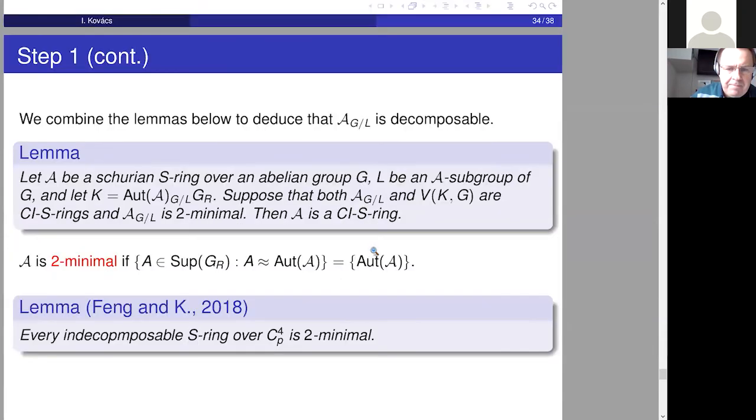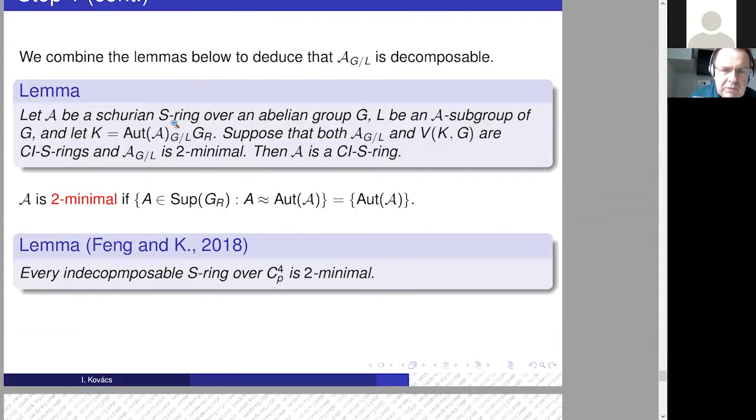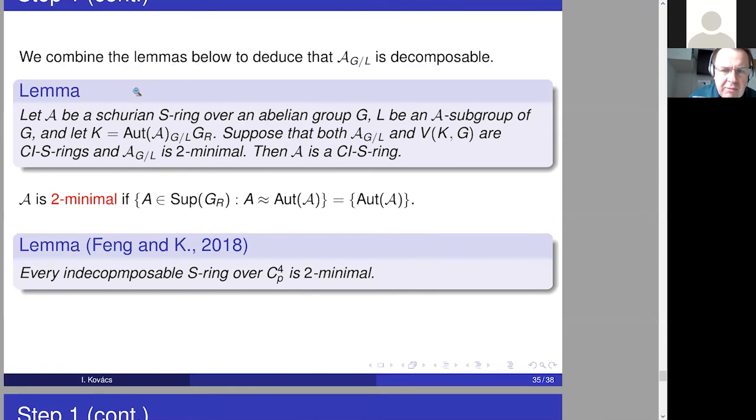Then we have to prove that this S-ring is decomposable, and for this decomposability, we prove a lemma. So you have a Schurian S-ring over an abelian group. L is an A-subgroup of G, and you define this group. So that means you have, this is the kernel.